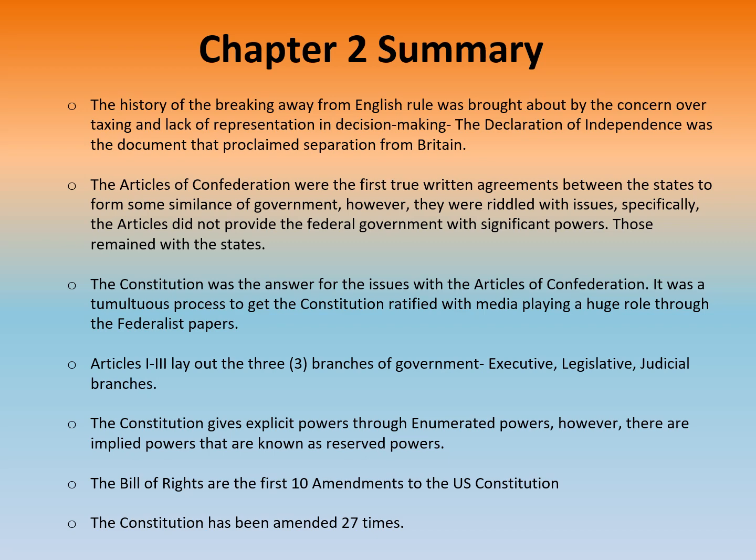The Constitution gives explicit powers through the enumerated powers. However, there are implied powers that are known as reserved powers. The Bill of Rights are the first 10 amendments to the U.S. Constitution, and the Constitution has been amended 27 times.